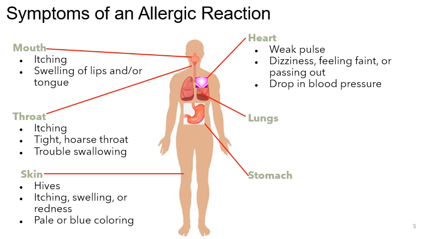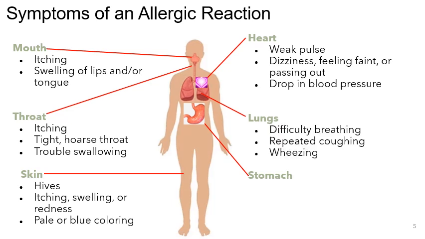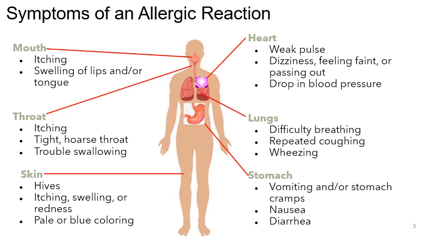Heart: weak pulse, dizziness, feeling faint or passing out, a drop in blood pressure. Lungs: difficulty breathing, repeated cough and wheezing. Stomach: vomiting or stomach cramps, nausea, diarrhea. So all these allergic reactions are not fun.